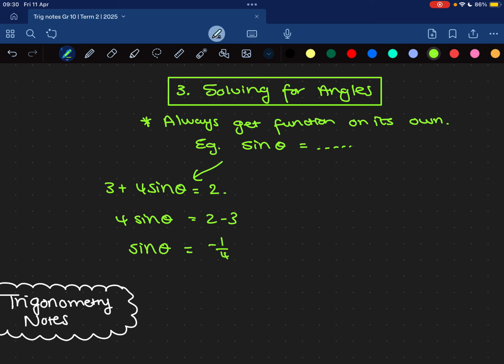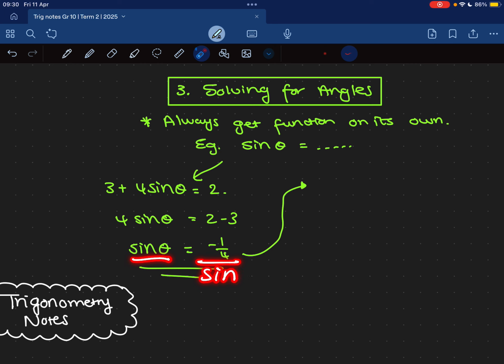Okay, so once we are at this stage, then we are happy to move on in order to solve for our angle. Important to remember is that you can never divide by sine of nothing. Sine of nothing doesn't exist. It's always part of a particular function.